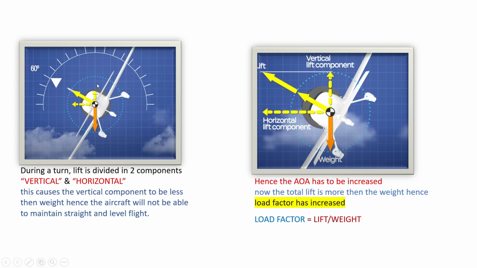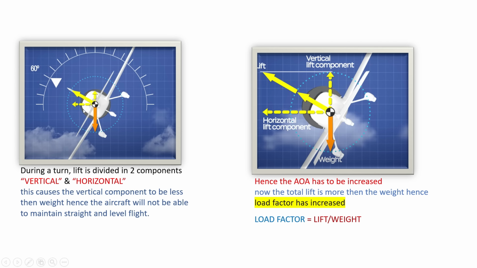Earlier the lift was in the vertical plane only. Now, since it is divided into horizontal and vertical components, both will reduce. It won't be similar to the first case, right?